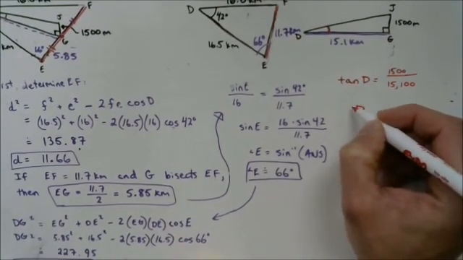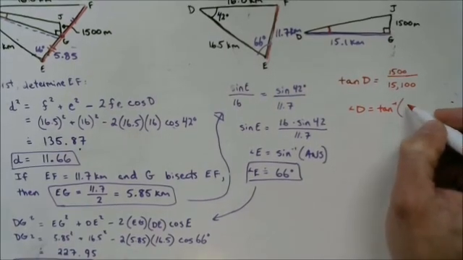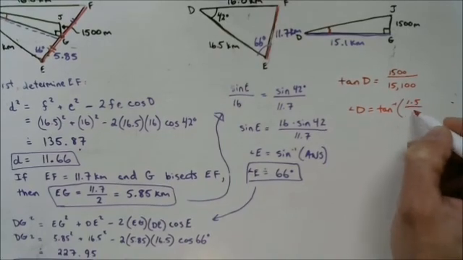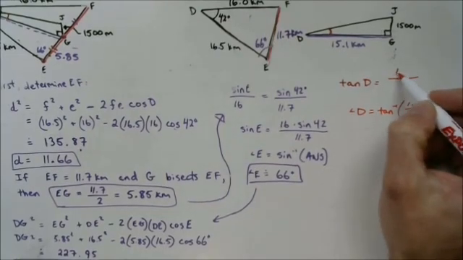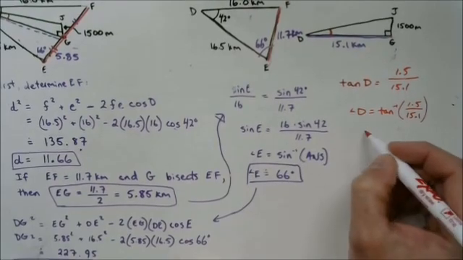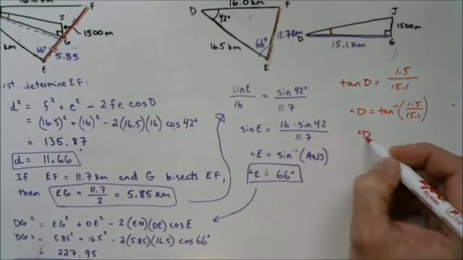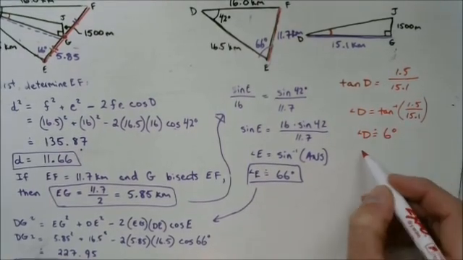Take the inverse tan of both sides. Let's just do it this way. Kilometers. Sorry if you need to erase, but smaller numbers are nice, eh? And we are going to determine here that the measure of angle D is approximately 6 degrees.